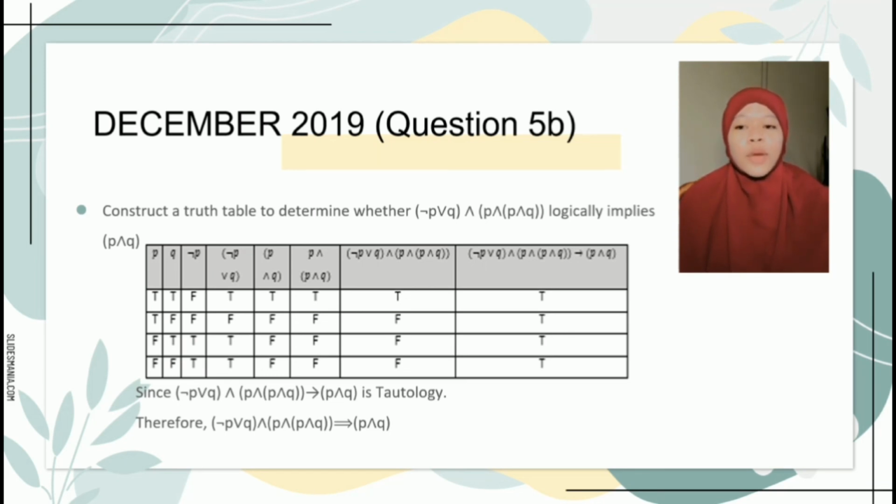So when it is all true, it means tautology. Since negation P or Q and P and Q implies P and Q is a tautology, therefore negation P or Q and P and Q logically implies P and Q.